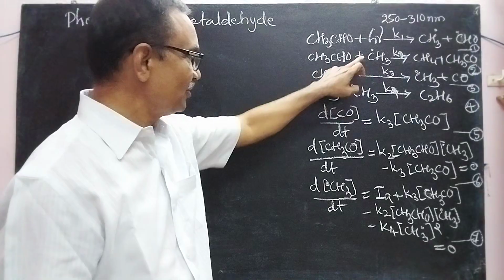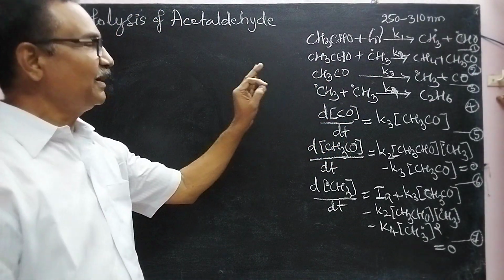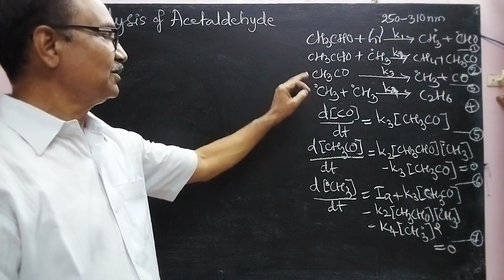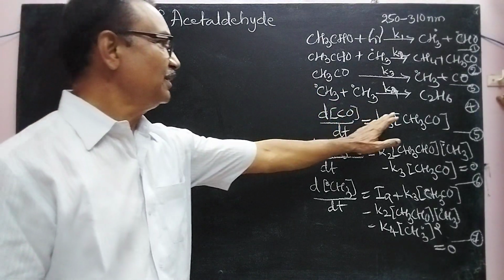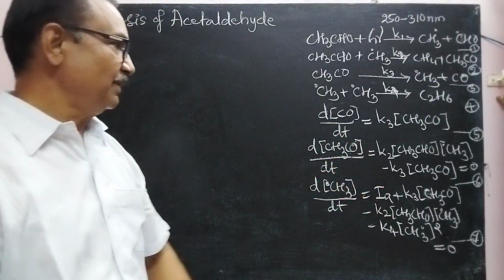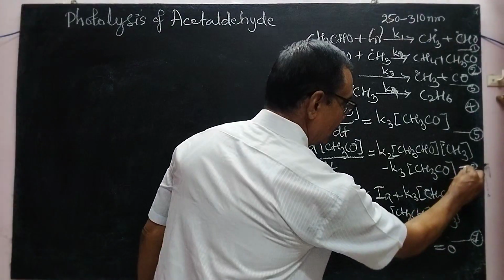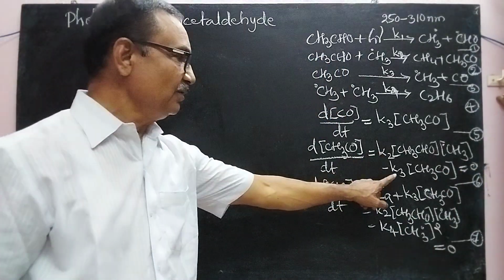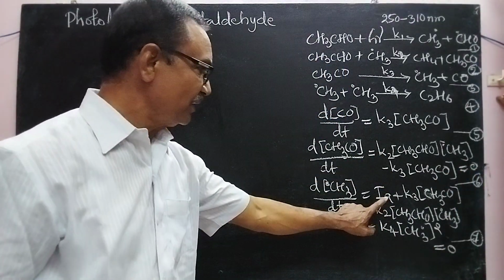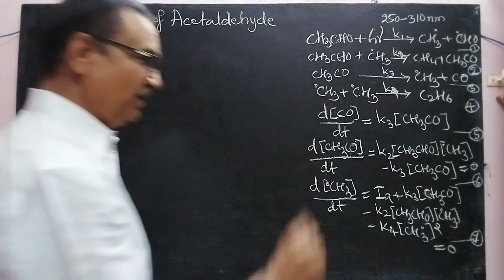Here it is absorbed, here it is absorbed. Totally, at a stage, the rate of formation of methyl free radical is equal to the rate of absorption of methyl free radical. Thus, we can apply the steady state principle. Rate of formation equal to rate of absorption. Here also rate of formation is equal to rate of absorption. Then it is made equal to 0.